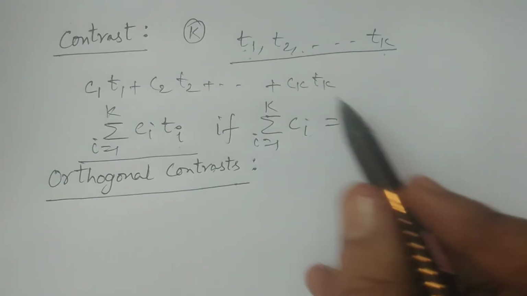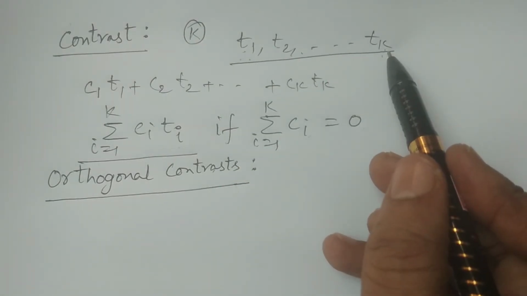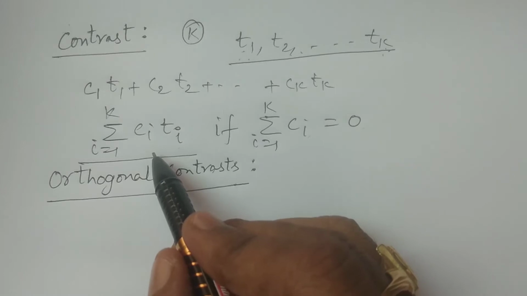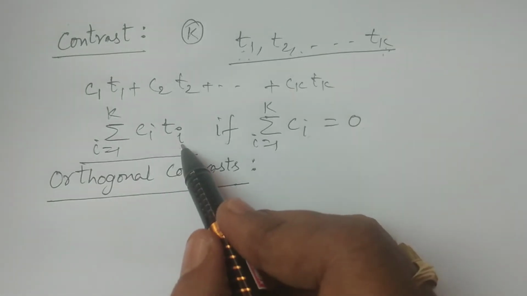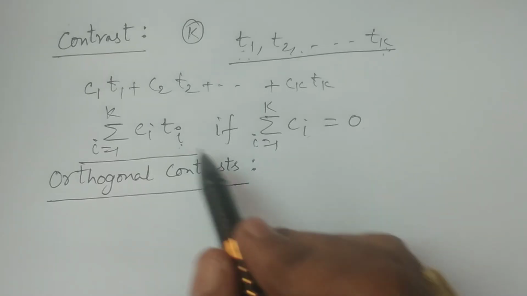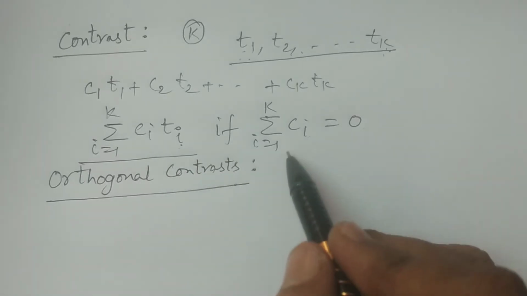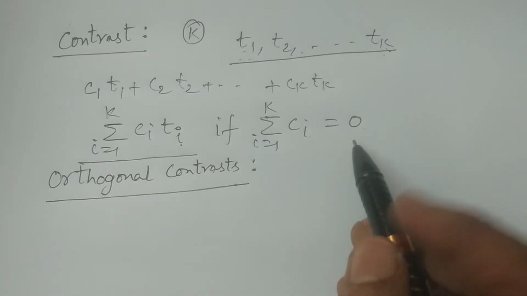Contrast is nothing but, if you consider K treatment means T1, T2, Tk, a linear combination summation i equal to 1 to k Ci Ti of the K treatment means is called a contrast if summation i equal to 1 to k Ci is equal to 0.